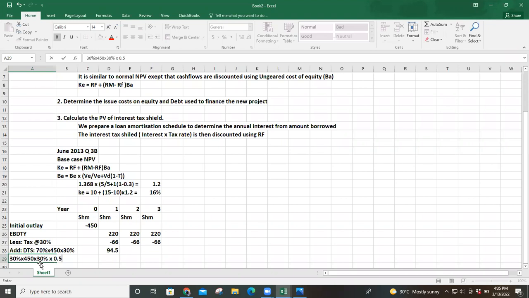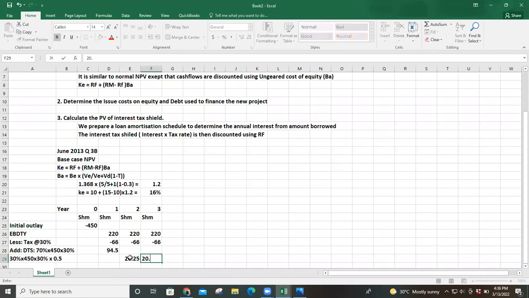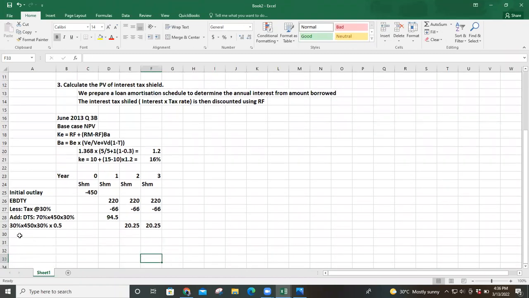The 40.5 that we have, we divide it into the remaining 2 years, that is 20.25 for each of them. That gives us the net cash flows, which is the summation.